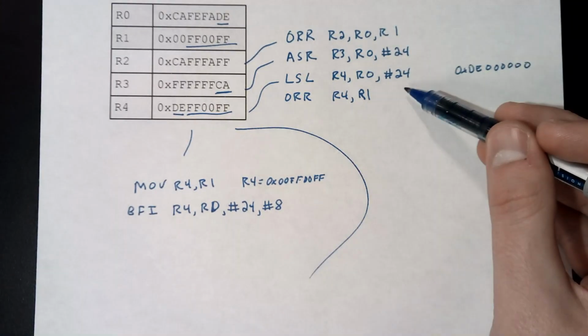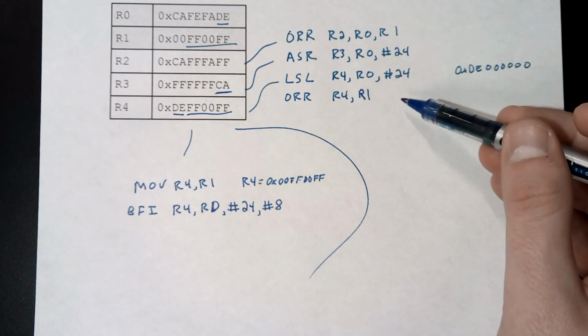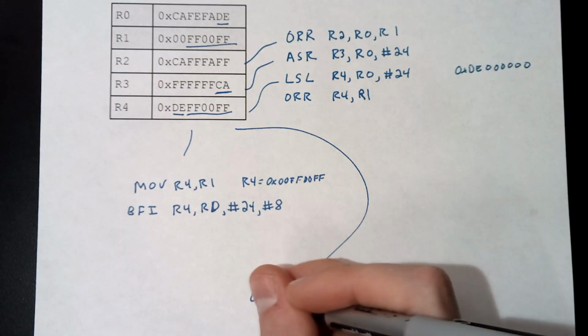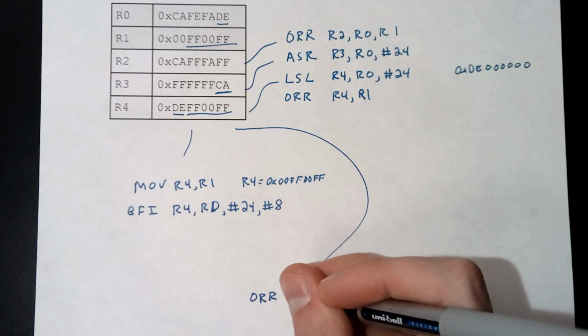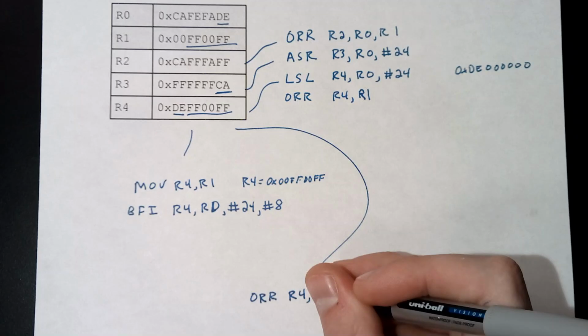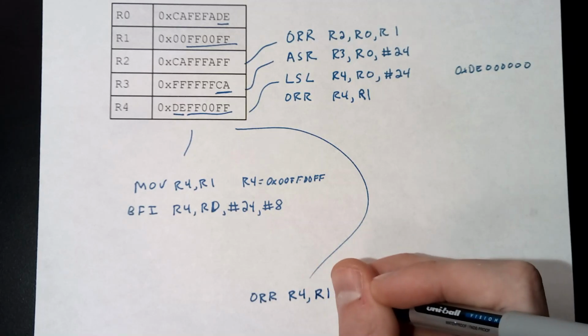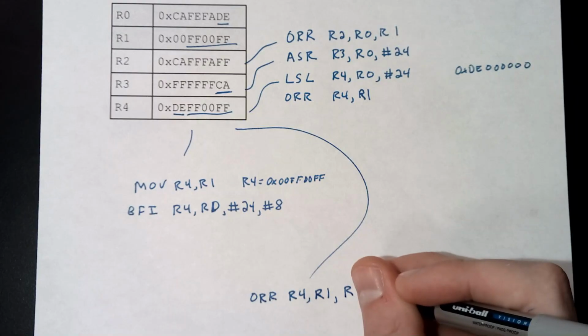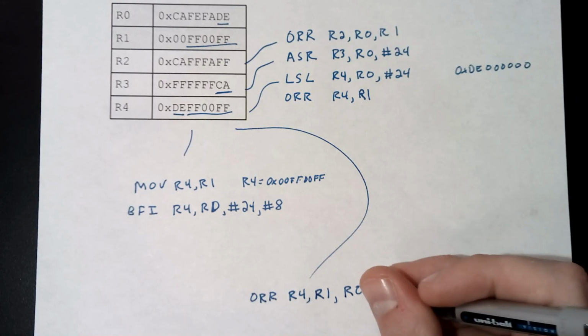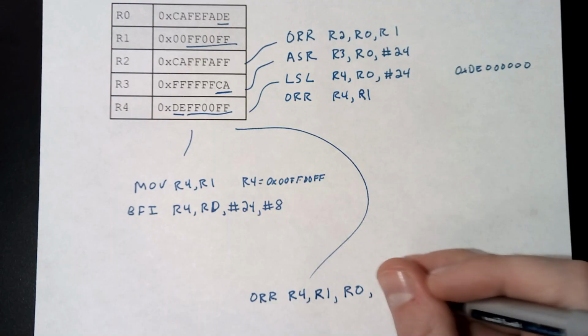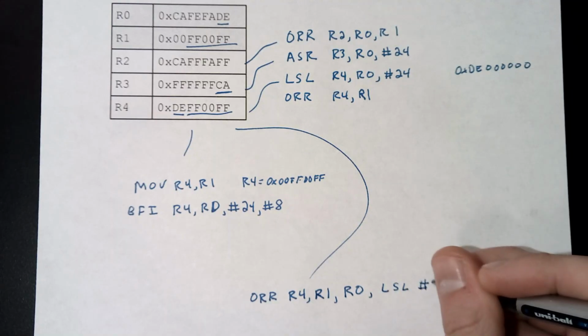Finally, the very quick way to do it, the last solution, is to do the same thing that we did up here, but in one instruction using the barrel shifter. We can do an OR into R4 from R1 and R0, and the order of operands is important here. We're ORing those together, but we add an LSL 24.